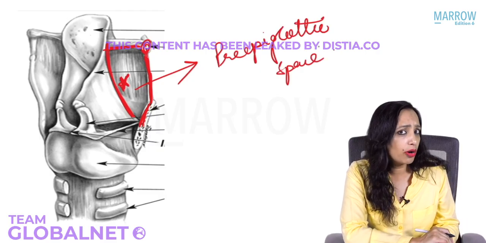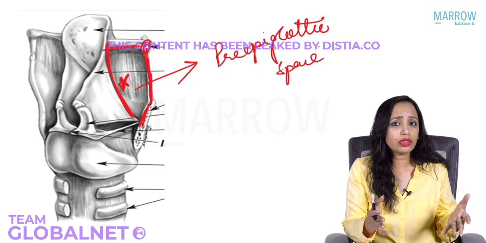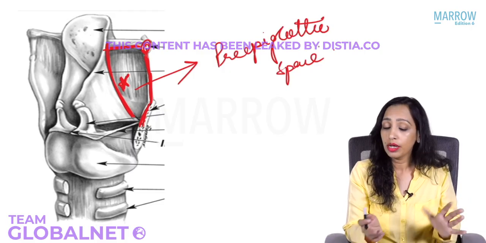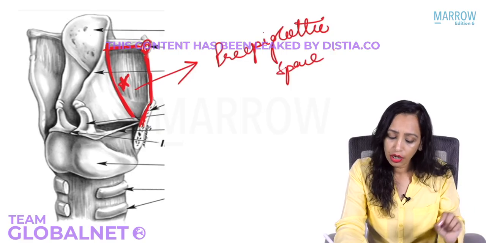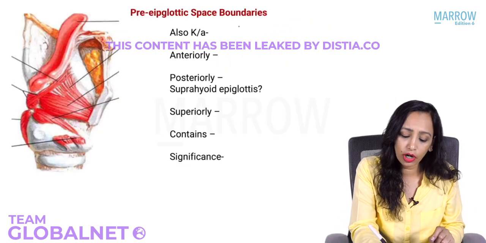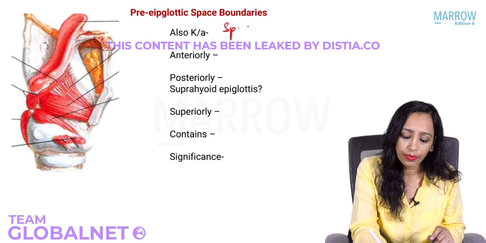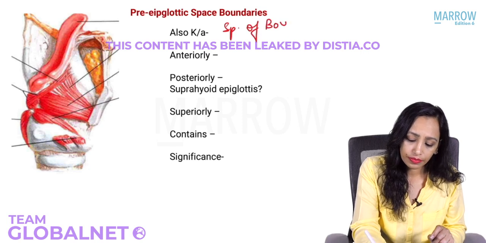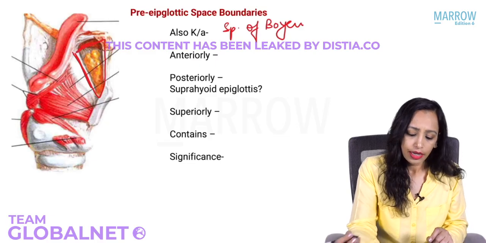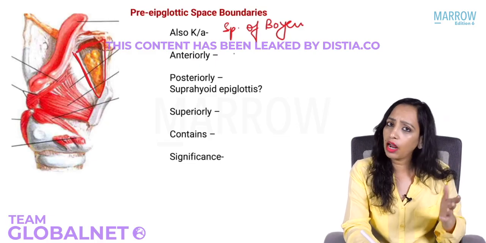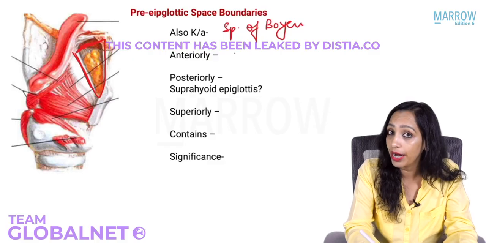Will you be able to tell me the boundaries of the pre-epiglottic space? If you know the picture, you know it. The pre-epiglottic space is also known as the space of Boyer. This is the pre-epiglottic space. What do we have anteriorly? Now it is your work to tell me; I already showed you.